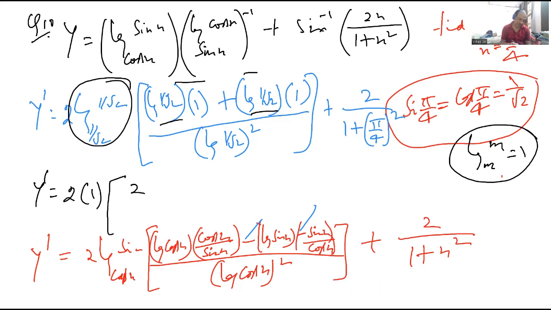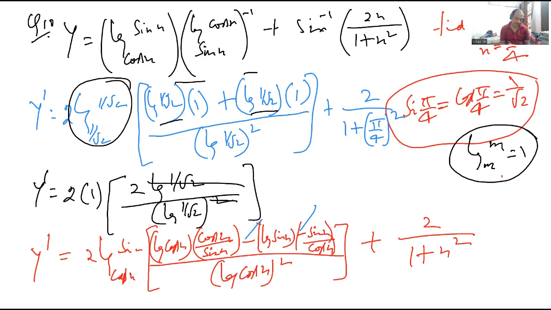Then it will become 2 times log 1 over root 2. In the denominator, you have log 1 over root 2, whole square. Therefore one power will cancel out. Now here this 4 squared will become 16, and 16 will go upwards, and this 4 multiplied by this becomes 16 plus pi square.